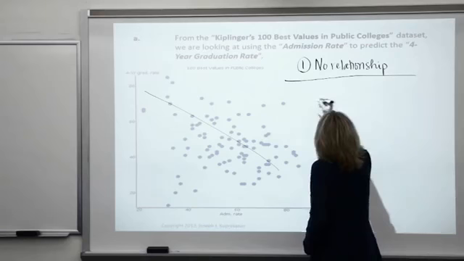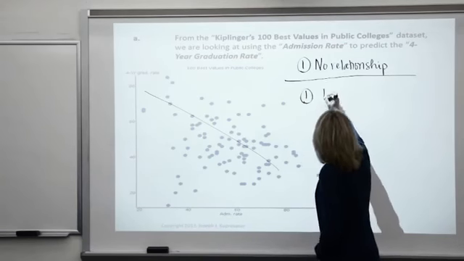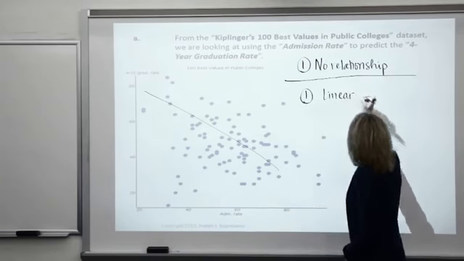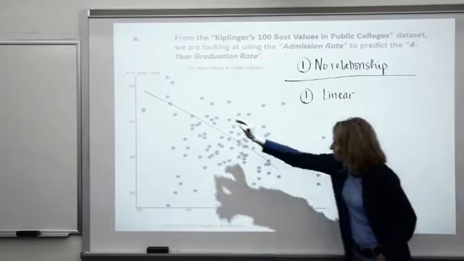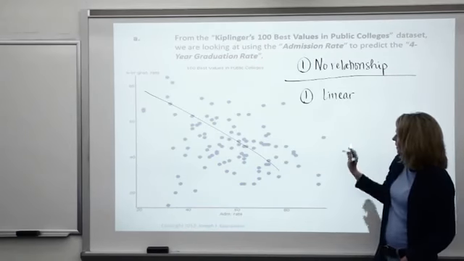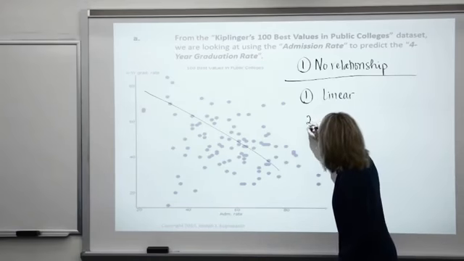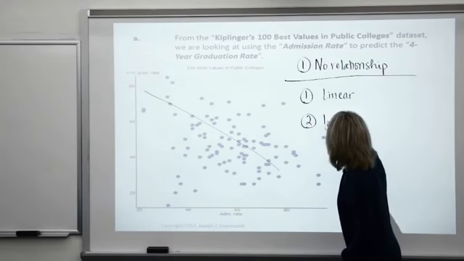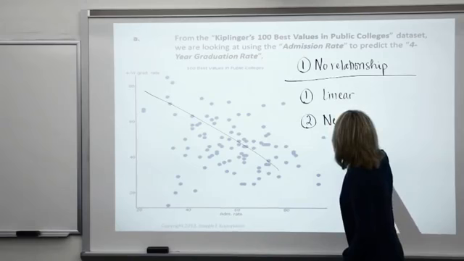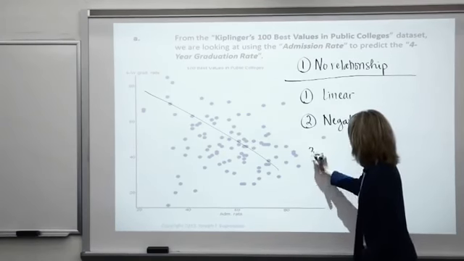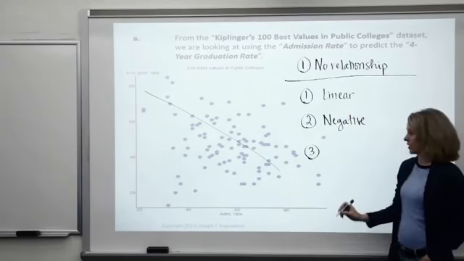If, on the other hand, you had decided we're going to go with a linear relationship, sort of looking like this. If we call this linear, the direction would be negative, and the strength would be extremely weak.